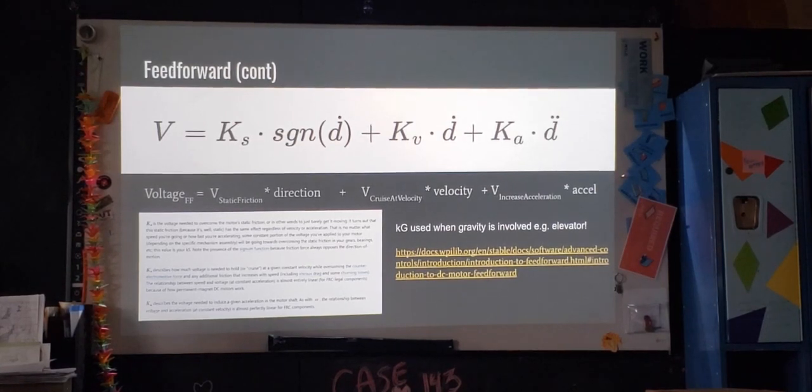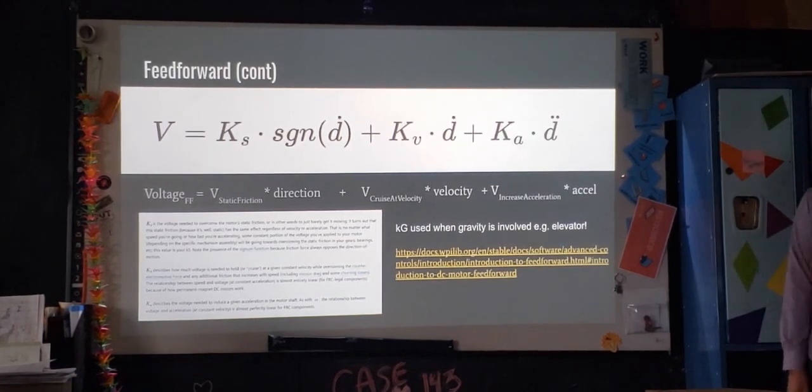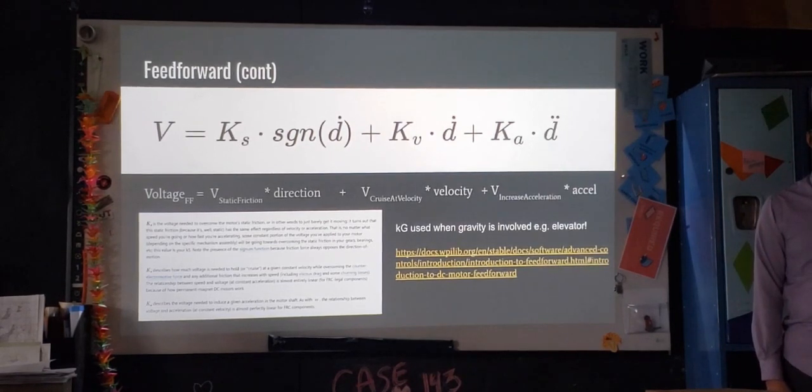You can fudge with them a little bit, but it's hard to figure out whether it's actually doing what it's supposed to. Especially if you make a giant change, you'll notice, but if you're trying to do fine tuning, it's actually quite difficult, especially with feedback, because the feedback will smooth out any problems with the feed forward.